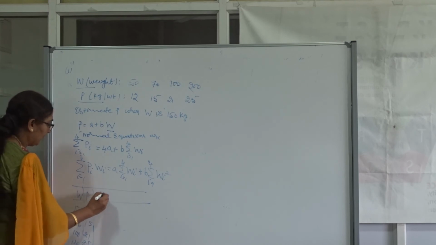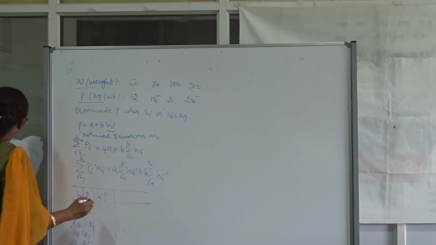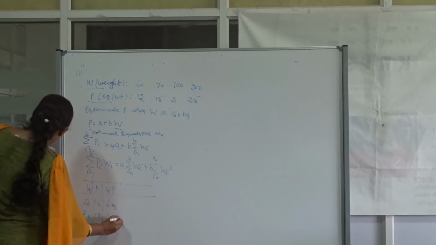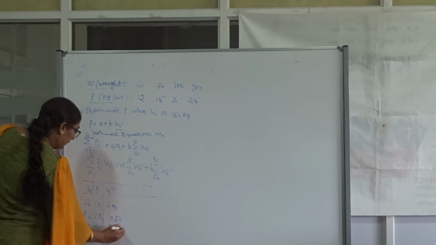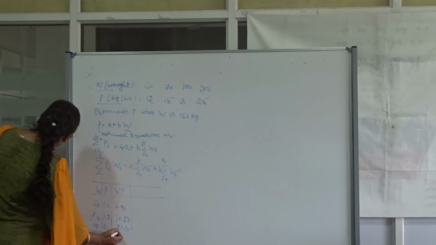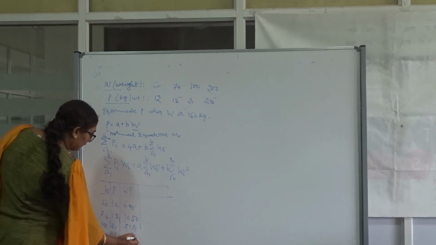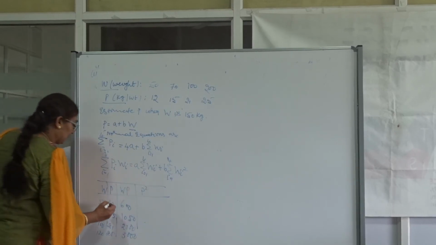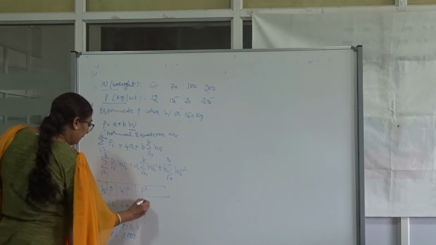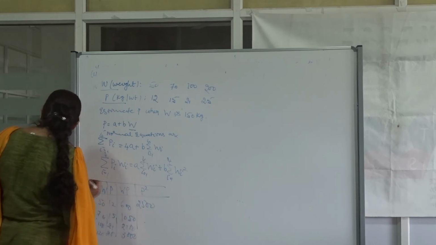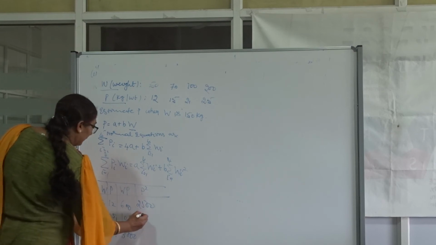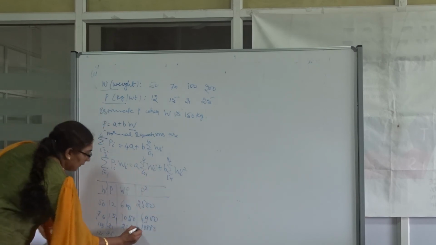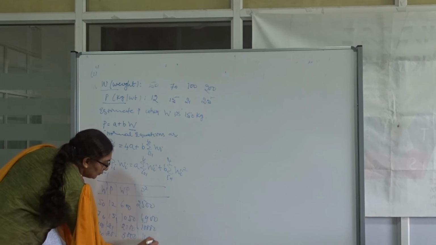I want W into P. Multiply W into P: the first value is 600, the second is 1050, the third is 2100, and the last value is 3000. Also we require P square, that is the square of each value: 144, 225, 441 and 625.